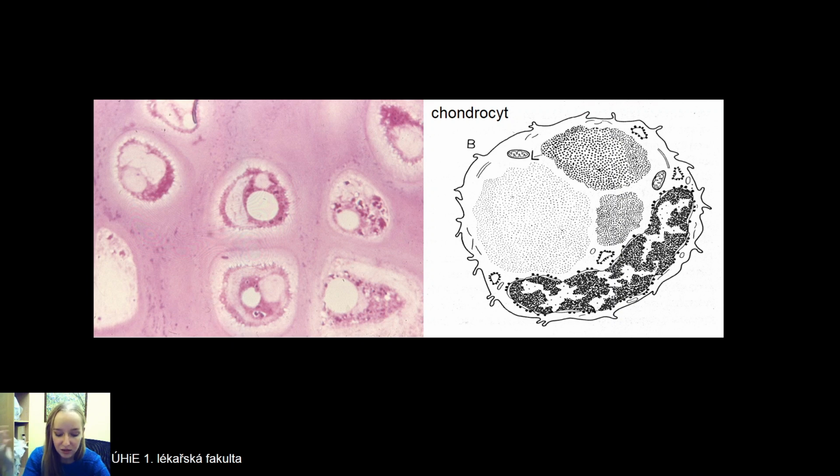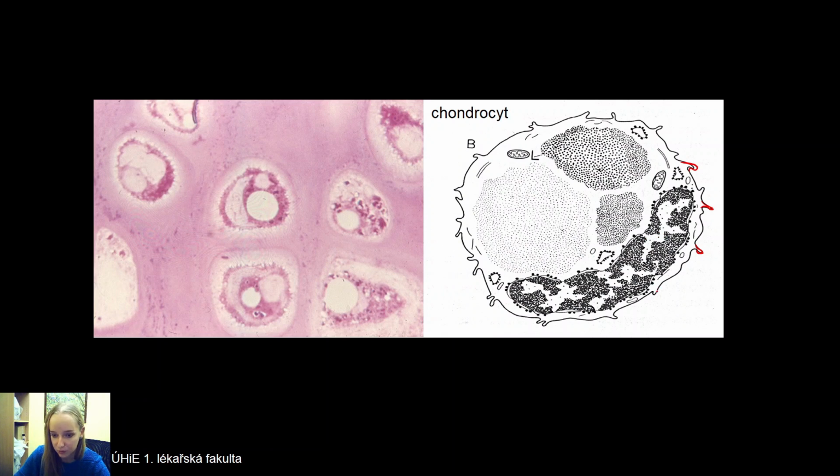And now a little more about the chondrocytes. We can see them here. Once again, they are spherical cells. They have these small protrusions going out of them, which improve their ability to absorb substances.